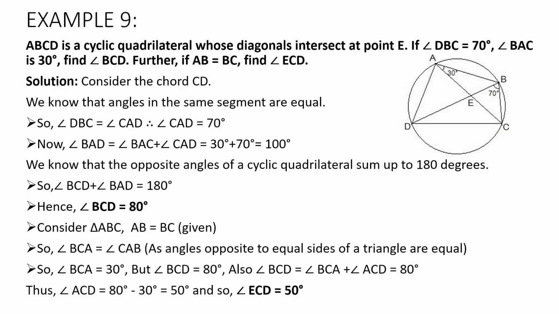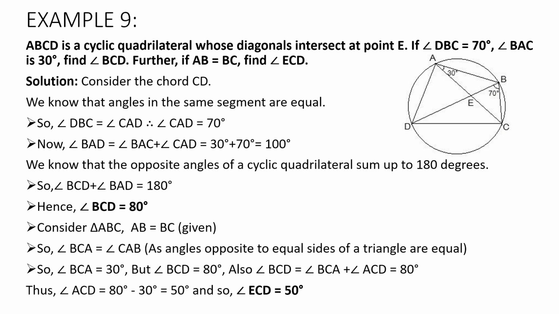Now first of all, if we consider the chord CD, from the diagram we can see that angle A and angle B are on the same side of the segment. We know that angles in the same segment are equal. So since angle DBC and angle CAD are in the same segment of the chord CD, both are equal. But we are given angle DBC 70 degree, so angle CAD will also be 70 degree.